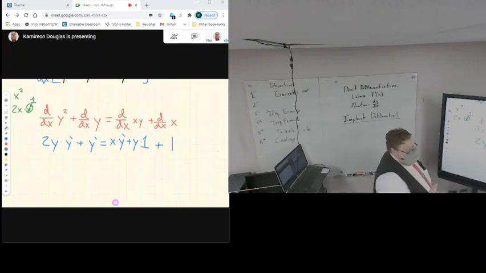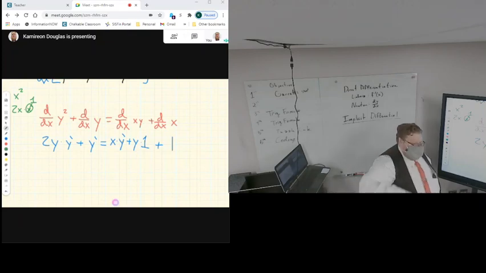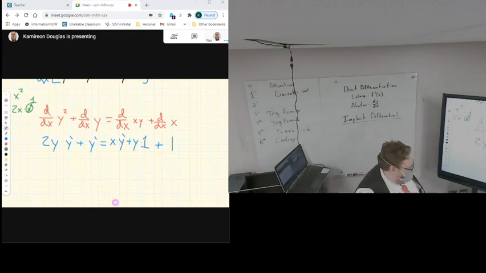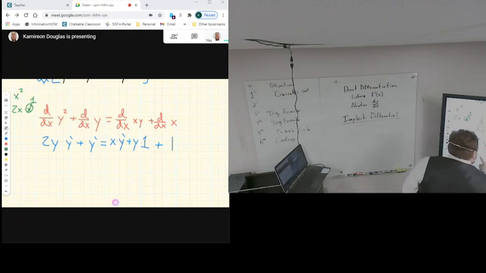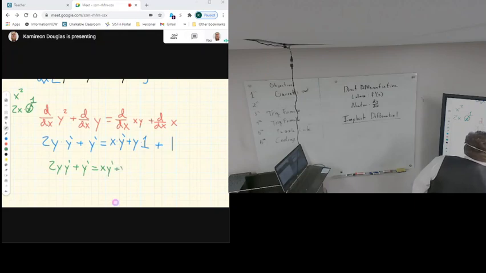There's y and there's y prime. Two different things that have to be treated as separate variables. Because one's the y values. Remember, it's the heights. It's the y-axis. One's y prime, which is how y is changing, an unknown. So watch how this is written. 2y y prime plus y prime equals x y prime plus y plus 1.